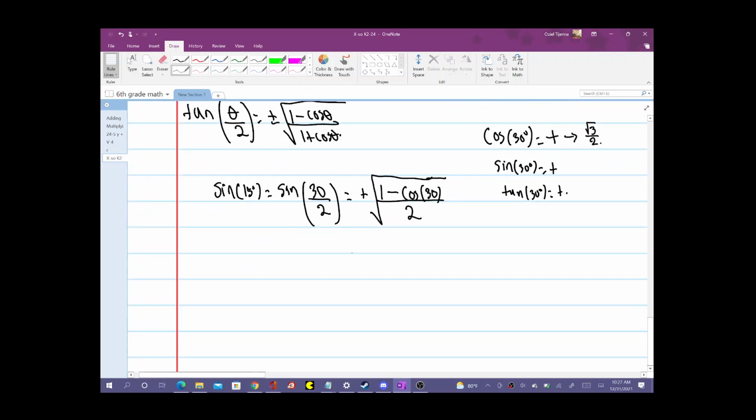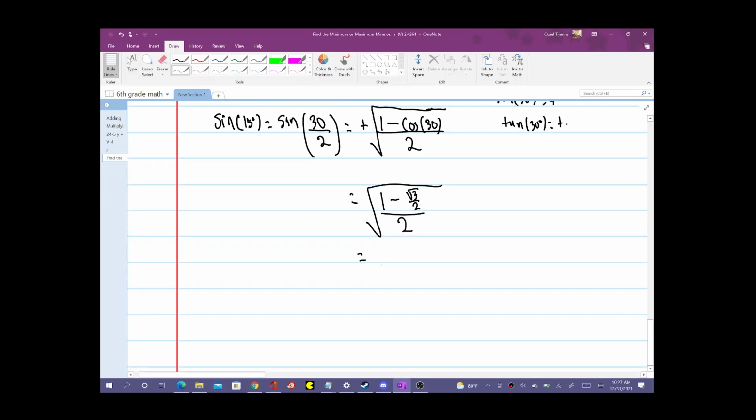Right? So now we can say this is equal to the positive square root of (1 minus square root of 3 over 2) all over 2. This is equal to the square root of (2 over 2 minus square root of 3 over 2) all over 2.